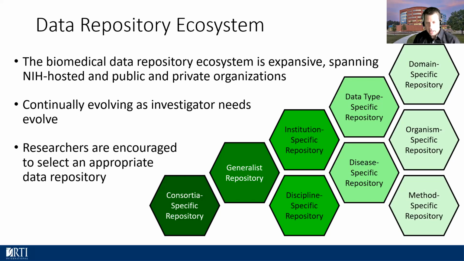Next bullet. Researchers are really required to evaluate all of these different repositories and determine what type of repository is best for their data, whether that be a generalist repository, a data type specific repository, a disease specific repository, or any of these other domains. And because this is so vast, identifying the appropriate resources for sharing your data is a major concern for NIH investigators looking to comply with the DMS policy.